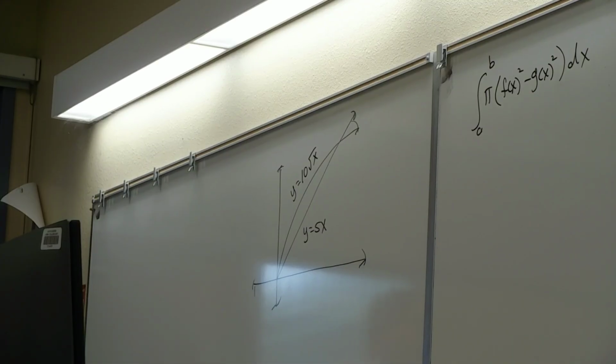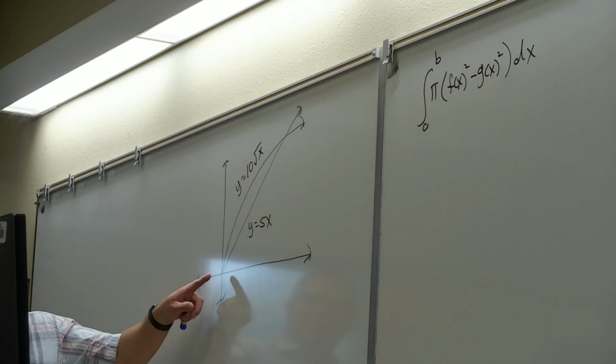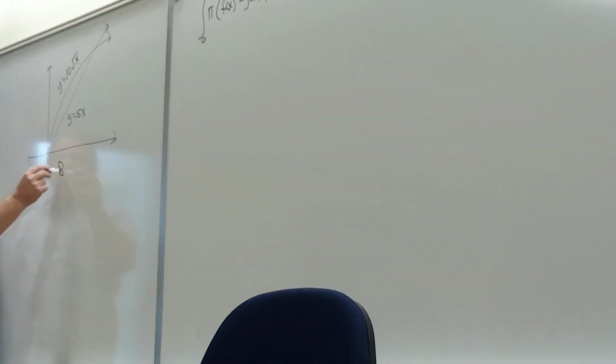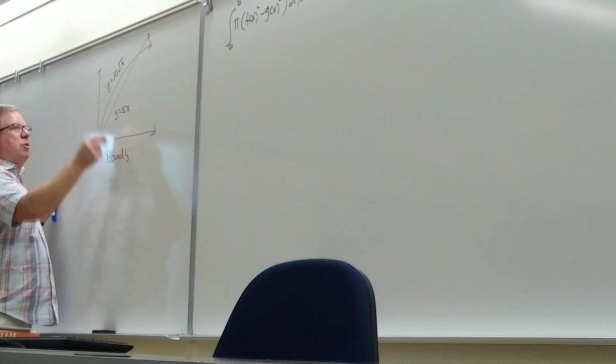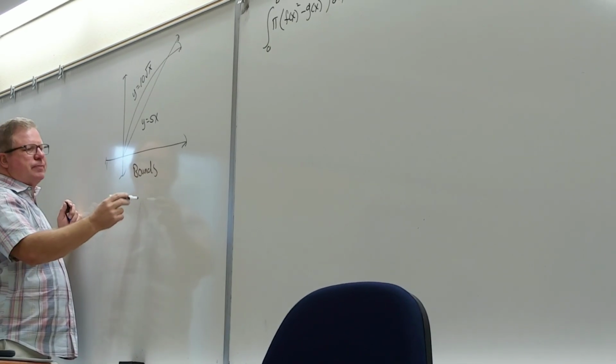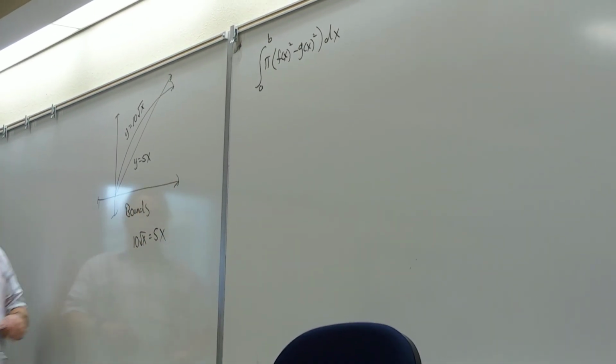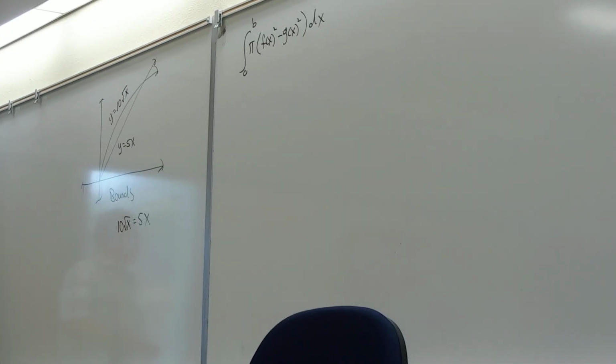So first thing we need to do is figure out the bounds. That would be the x values of the intersection points. And so to find the bounds, we'll set these equal and we will solve for x.